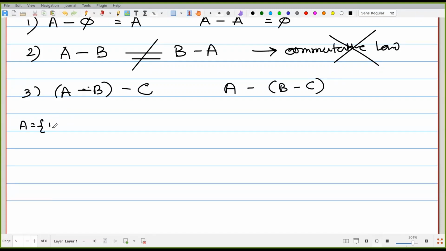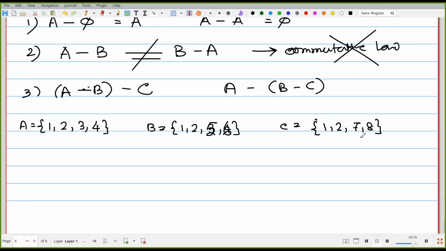Simply A is equal to 1, 2, 3, 4. B is equal to 1, 2, 5, 6. C is equal to 1, 2, 7, 8.